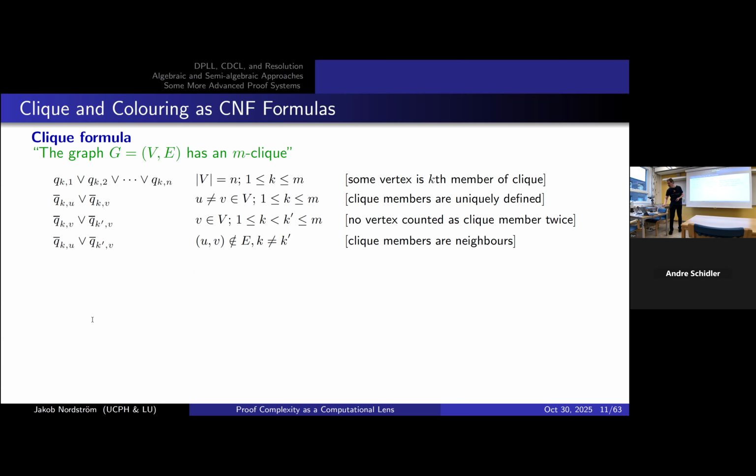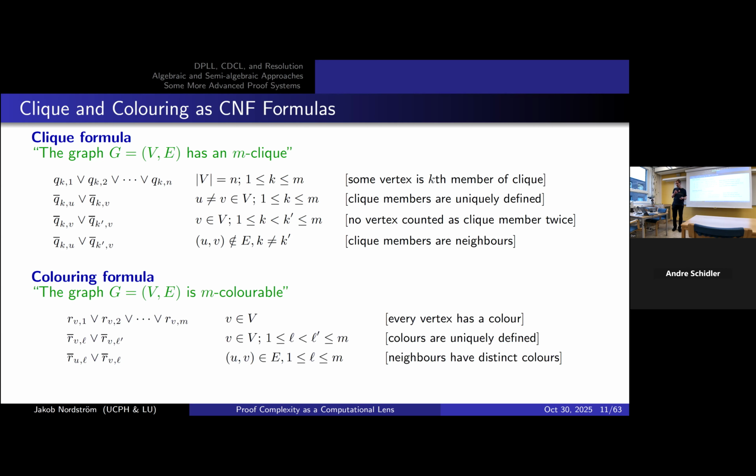We have a first axiom saying that some vertex has to be the kth clique member, and that it is uniquely defined, that I'm not counting any vertex several times. And then the most important constraint is that if two different vertices u and v are in the clique, then they have to have an edge between them. So for every non-edge in the graph, I encode a constraint: if u, v is a non-edge, u and v cannot both be in the clique.